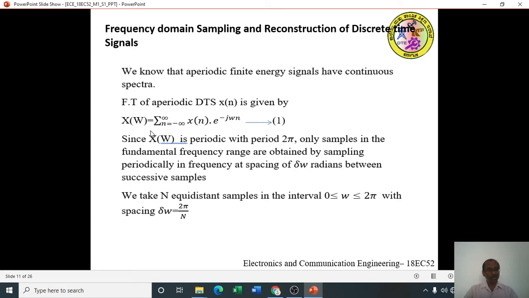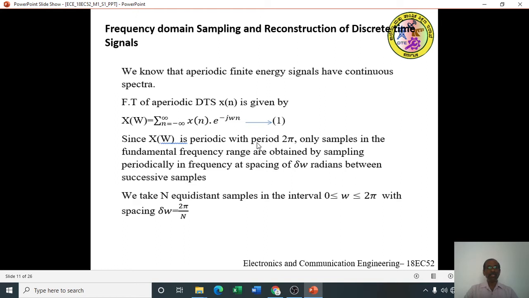When we observe X of omega, the spectra has become periodic with a period of 2 pi, as well as continuous. Try to understand and remember this: discrete time Fourier transform of a discrete time signal is continuous and periodic.